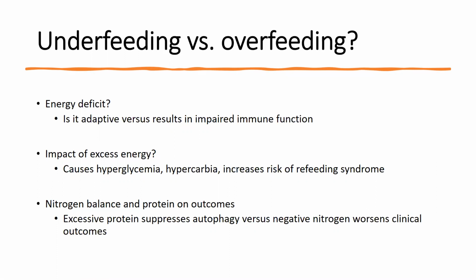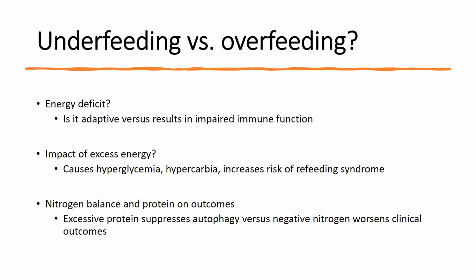Is this energy deficit concept adaptive, versus will it result in impaired immune function by the underfeeding and hypocaloric nature? What is the impact of excess energy? If you're overfeeding, you can in fact cause hyperglycemia, hypercarbia, and an increased risk of refeeding syndrome.